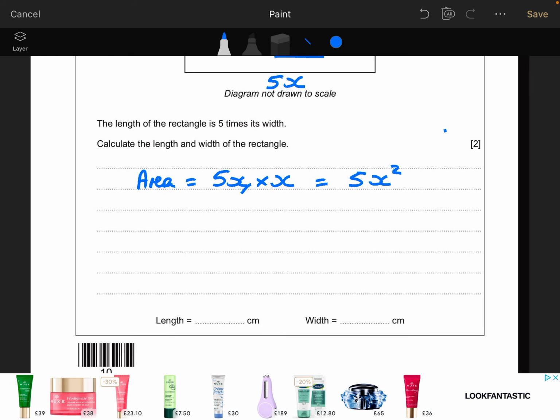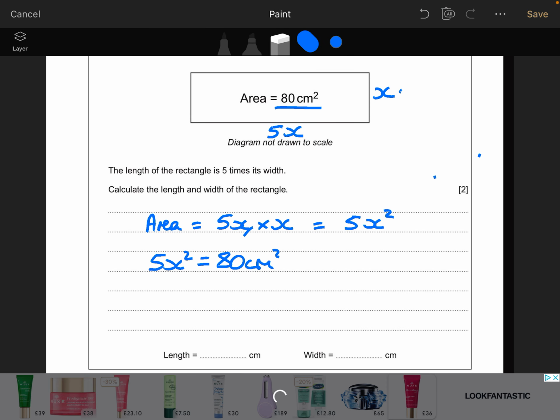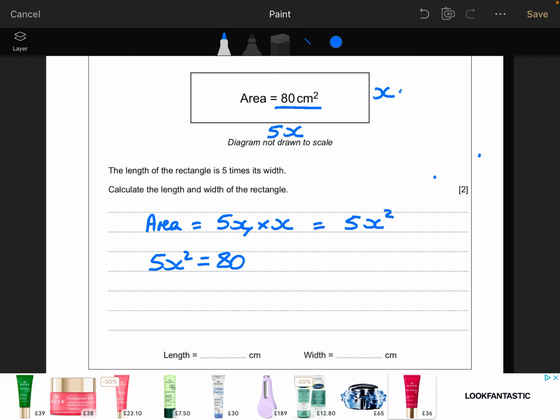So I can now say that 5x squared, the area, is equal to the 80 centimeters squared that we're told. I need to ignore the centimeters squared while I do the calculation, because I don't want to confuse myself.